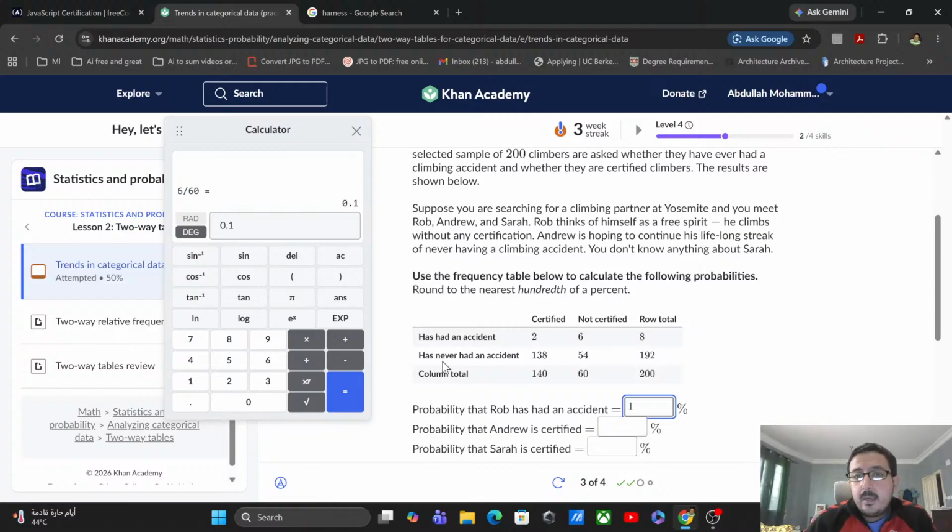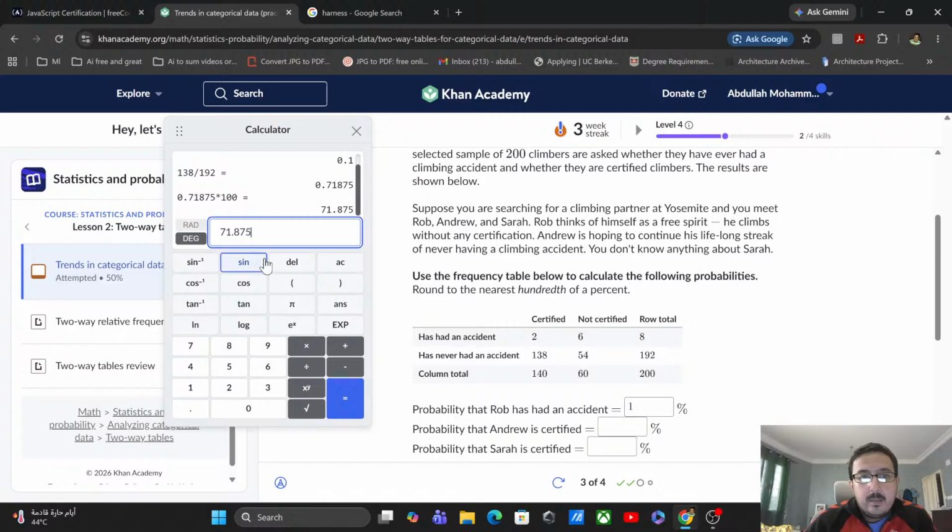Has never had an accident. Certified 138 out of 192. 71.87.